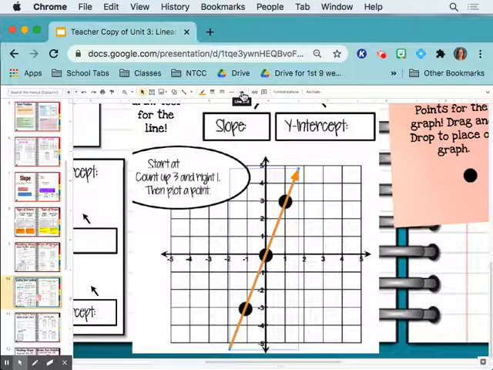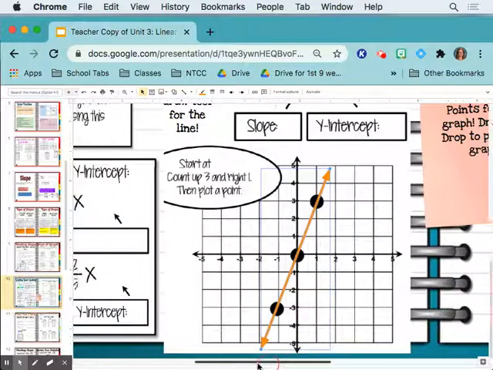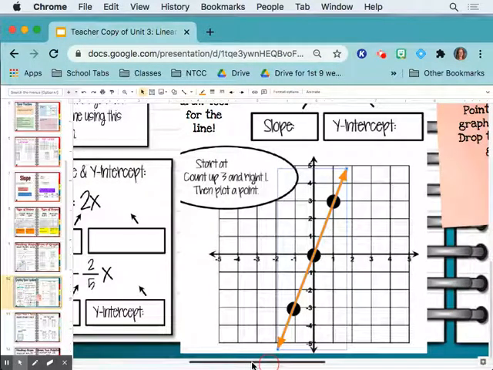Do y'all see how I'm putting the arrows up here? Because it is a line, and the line goes on and on forever. So don't forget your arrows whenever you graph. Is everybody able to graph it?